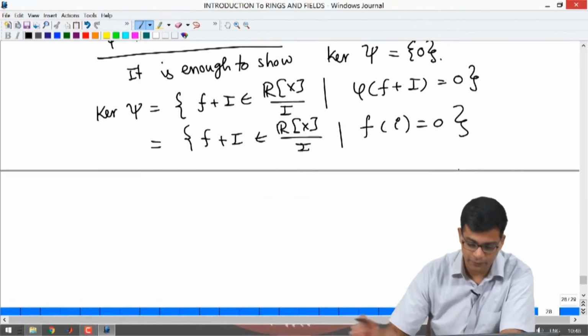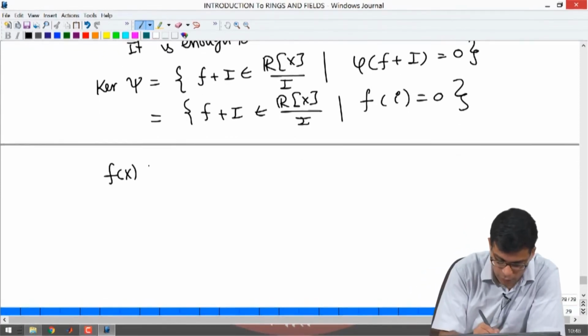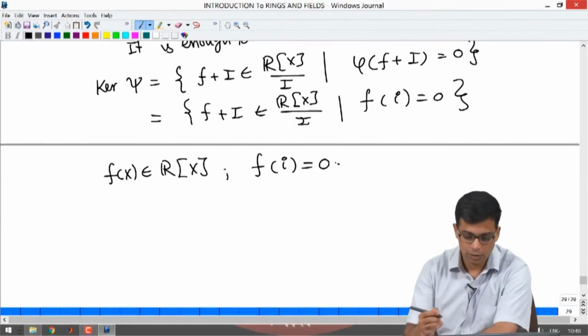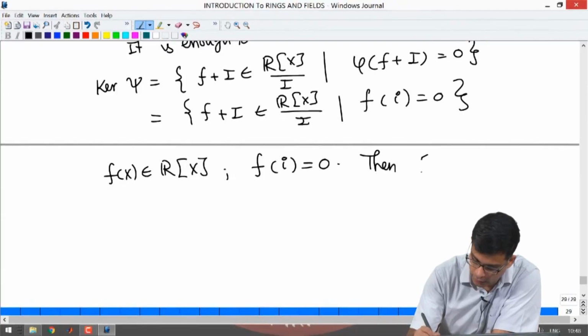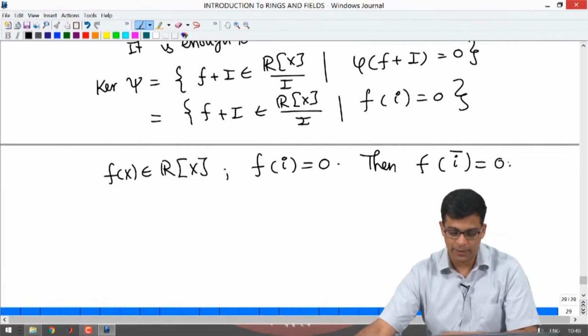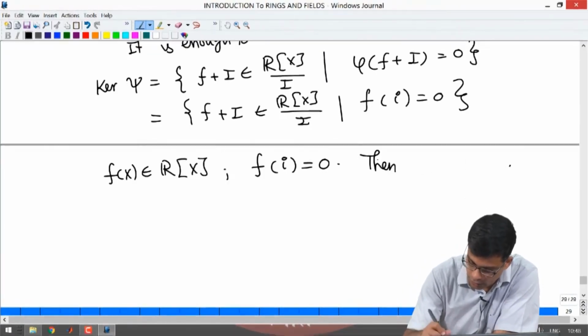Okay. If f(i) is 0, so now I will do some simple calculations. f is a polynomial over real numbers, f(i) is 0, then I will quickly finish this, but you can do this easily. Then f of i bar, which is actually minus i. So, I will write it here.